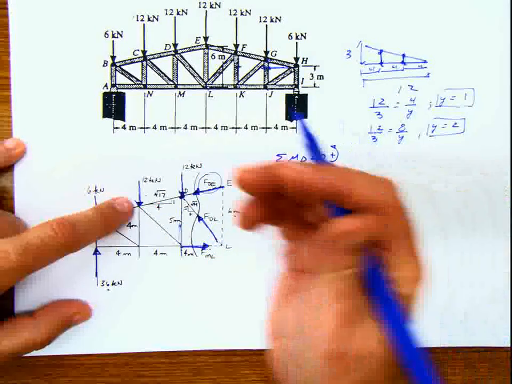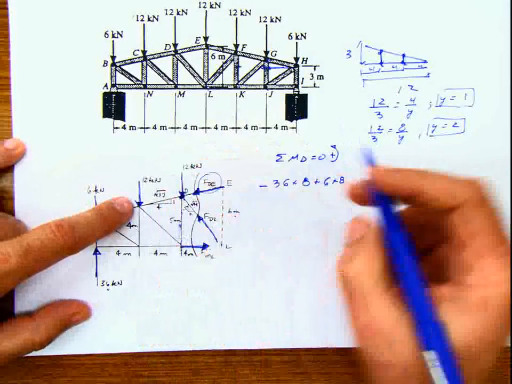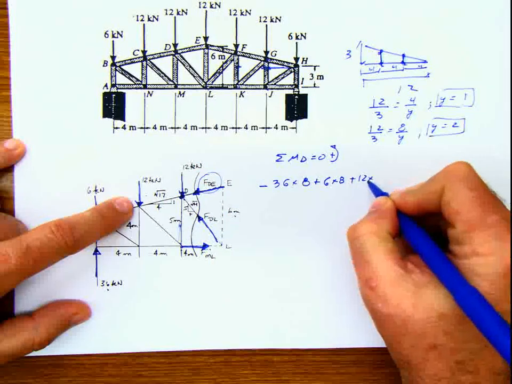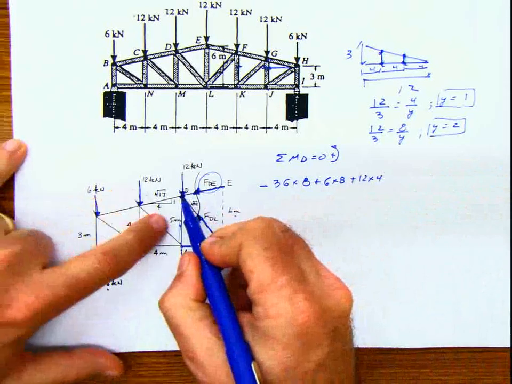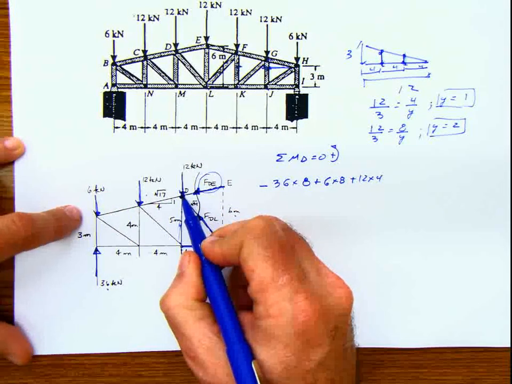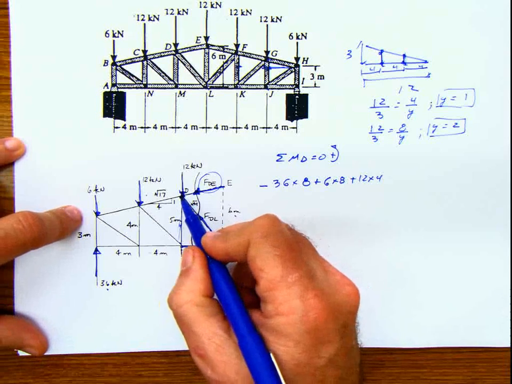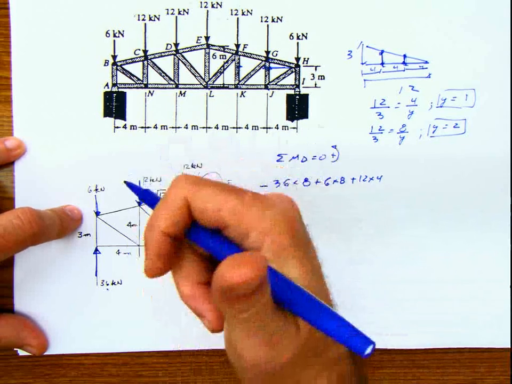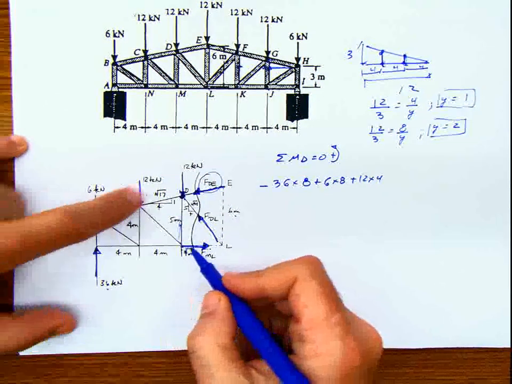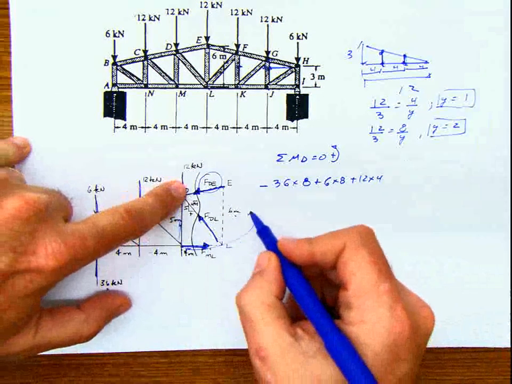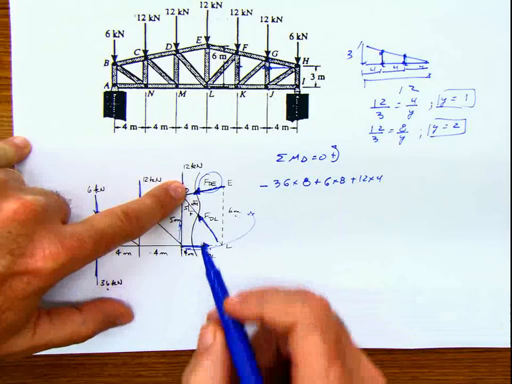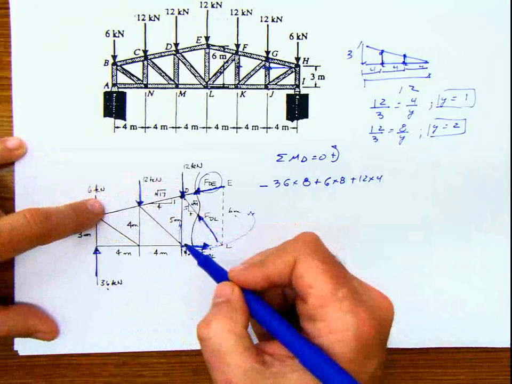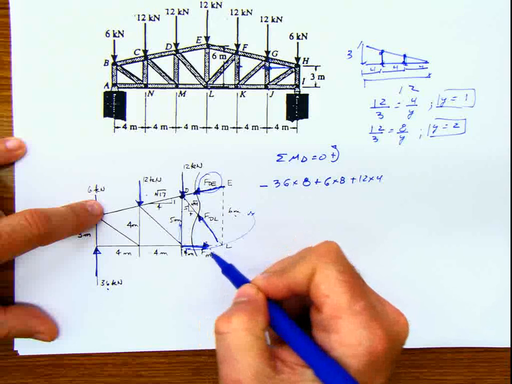positive 12 times 4, and remember, this force doesn't produce anything because I'm doing it on top of that force, exactly at that point. But this is producing. This is producing a positive moment. Remember, if I pin it here, rotation is going to happen in this direction. And this distance is 5, and this force is force ML.